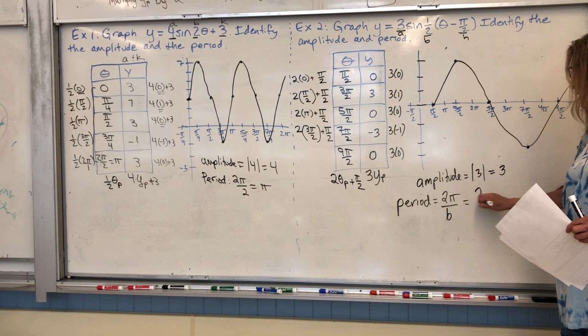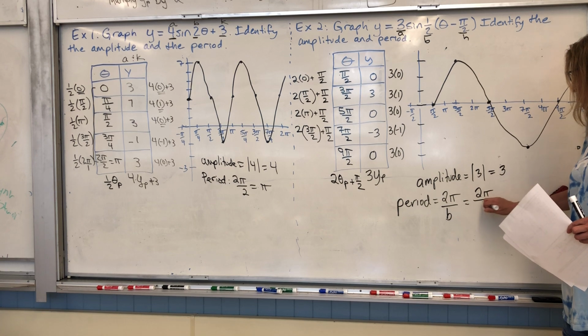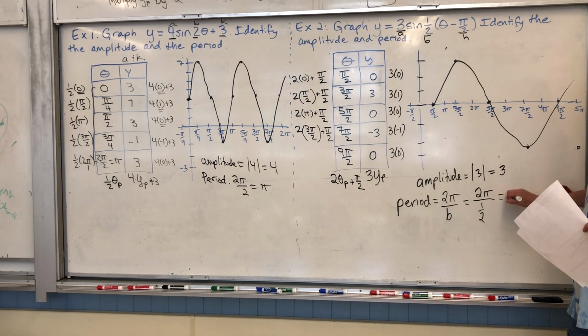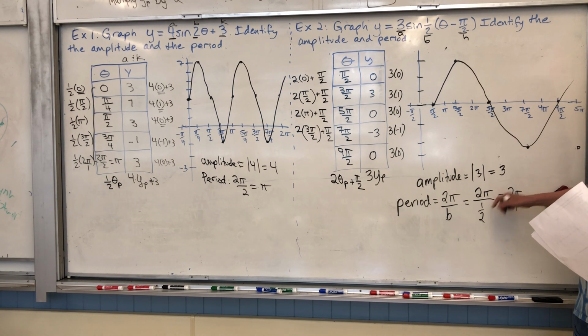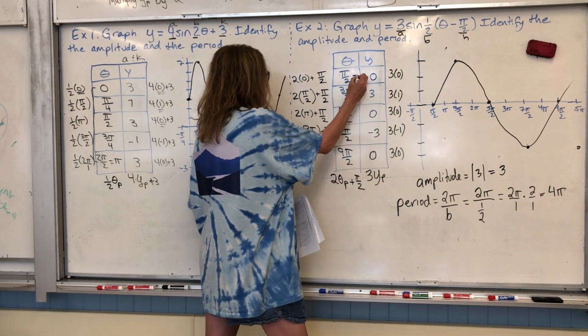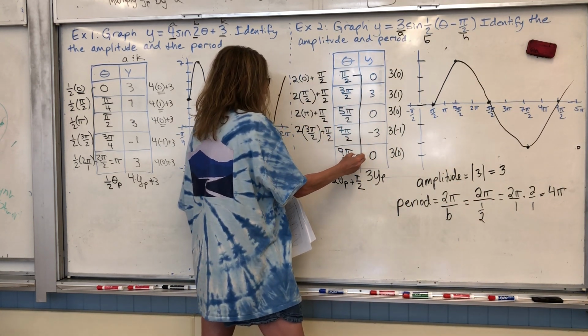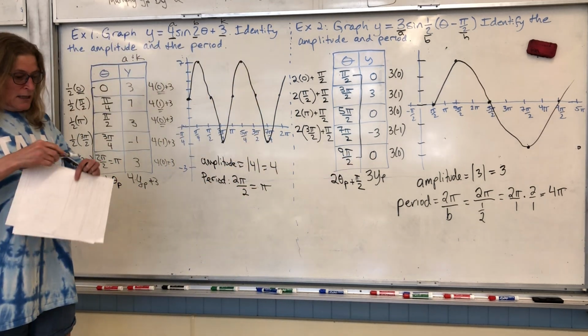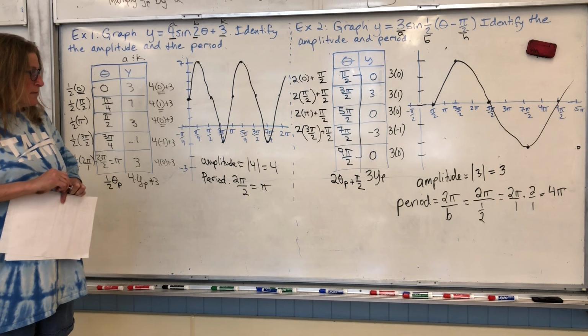So that's 2 pi over 1/2, which is 2 pi over 1 times the reciprocal, and that's going to give me a period of 4 pi. And notice, guys, I can look at the table, and I can see the difference between pi over 2 and 9 pi over 2 is 4 pi. So I can actually look at the table as well and see what the period is.